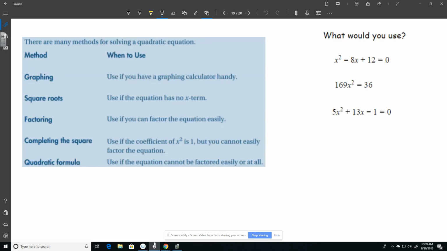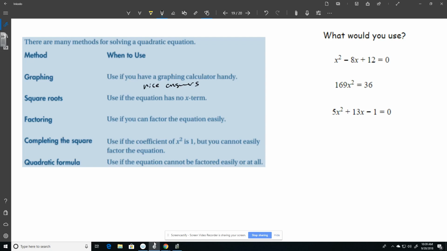All right, a couple more things, and then I'm just going to let you get to the practice. There's a lot of methods we've talked about for solving quadratics. We've talked about graphing, which you use if you have a graphing calculator and if it has nice answers, that's a great way. Square roots, if there's no x term in the middle, we use the square root method.